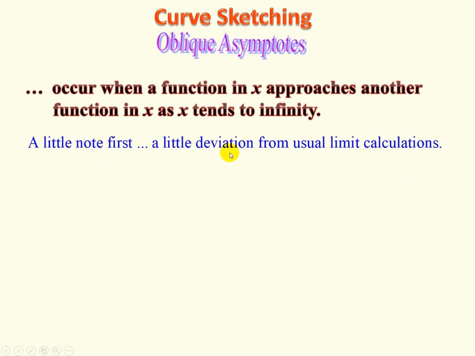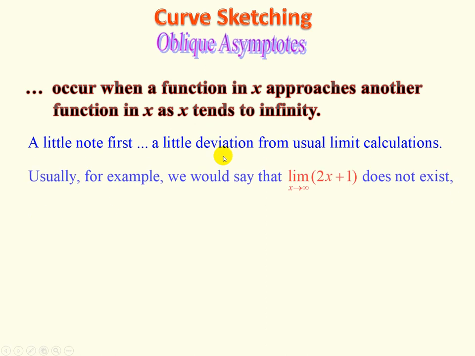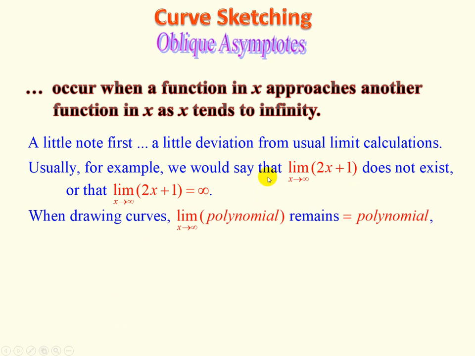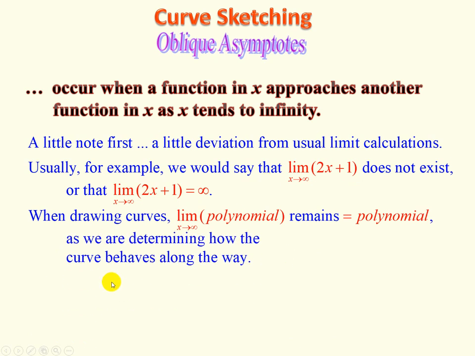First, a note, a deviation from the usual limit calculations. Usually we would say, for example, the limit of 2x plus 1 as x tends to infinity does not exist. Or, in tertiary, the limit of 2x plus 1 as x tends to infinity is infinity. But when we go to curves, we change that because we need to determine the behavior of the curve along the way.